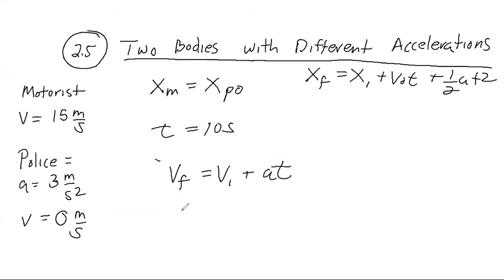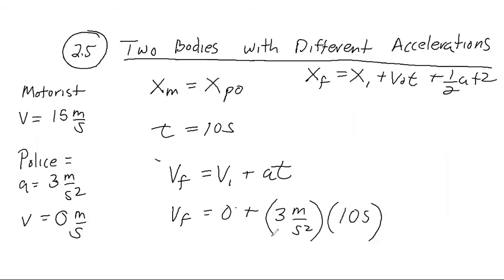He has a 0 initial velocity plus 3 meters per second squared times 10 seconds. So our V final is going to be equal to 30 meters per second. The officer's final velocity is 30 meters per second.